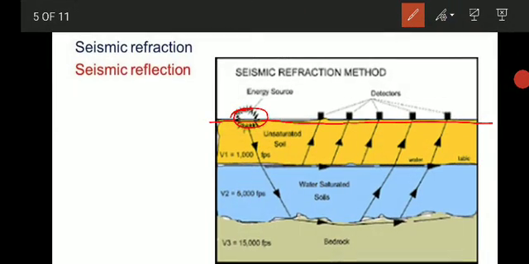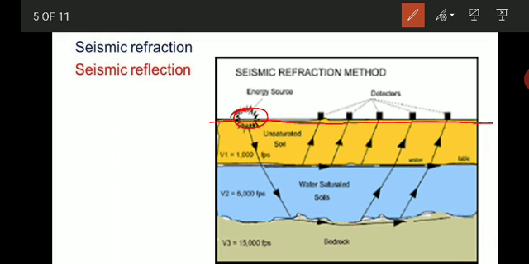We create a shock artificially at this point on the earth's surface, either by the impact of a heavy instrument or by a small explosive. We measure the time required for the resulting sound or shock wave to travel, to know the distances.